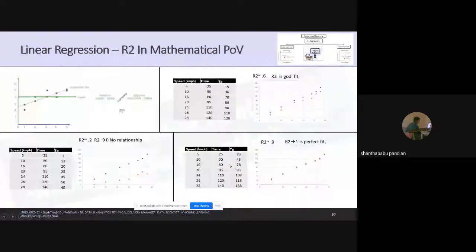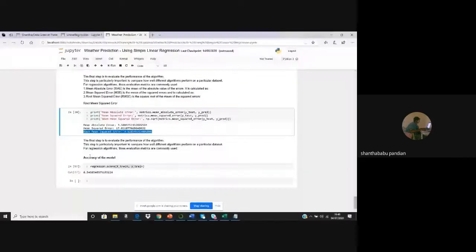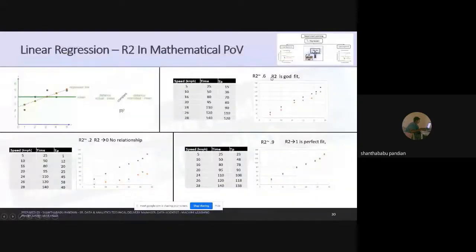And see here, the value of r square should be less than or equal to 1. Okay, if it is equal to 1, it means we have a good relationship.